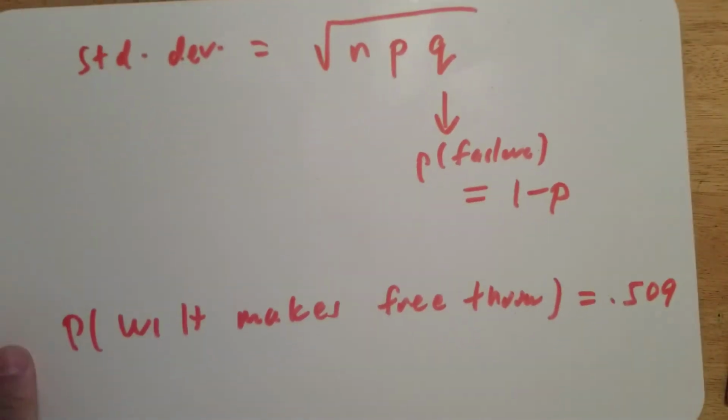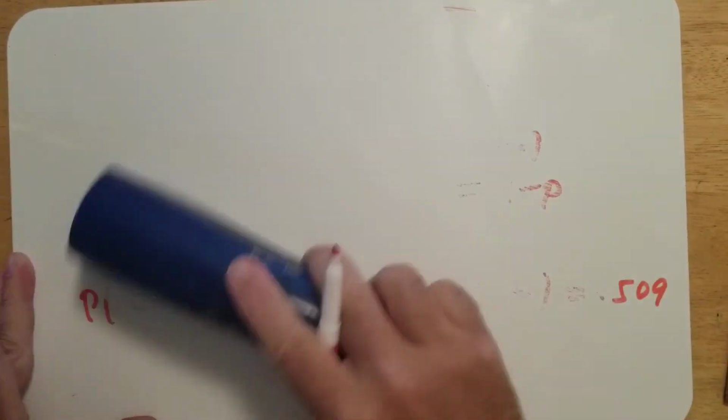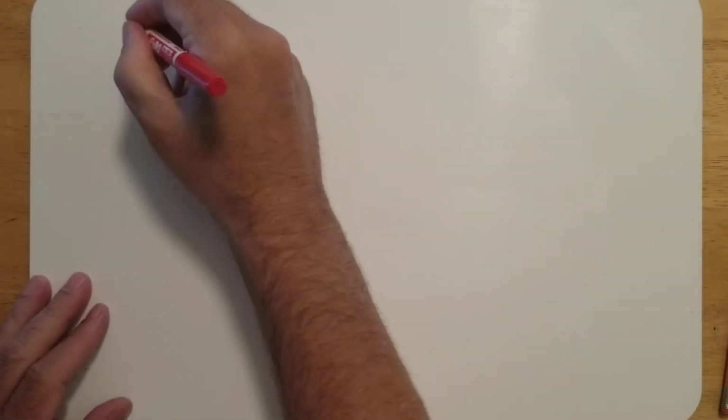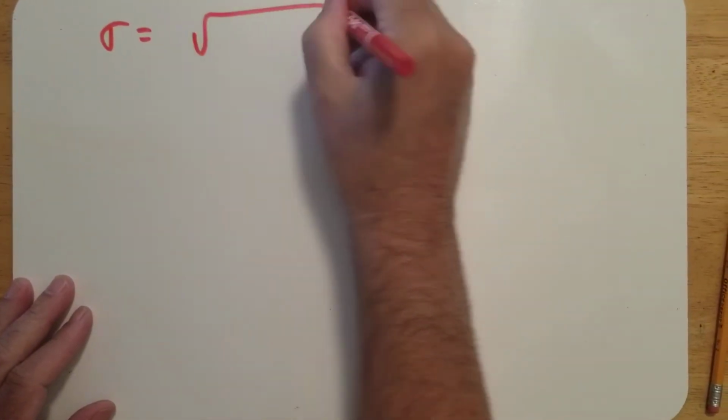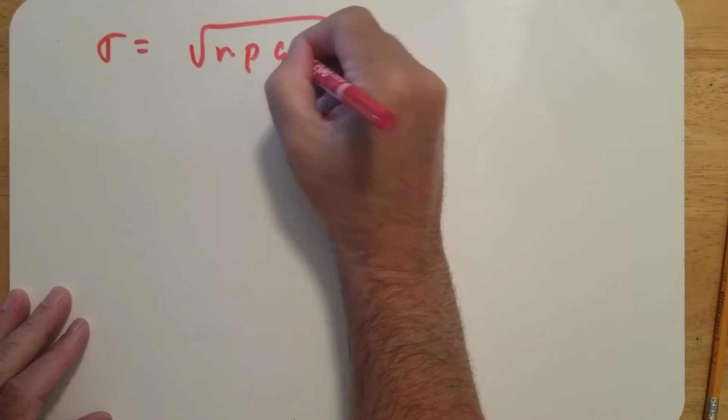And then the standard deviation sigma is the square root of npq.